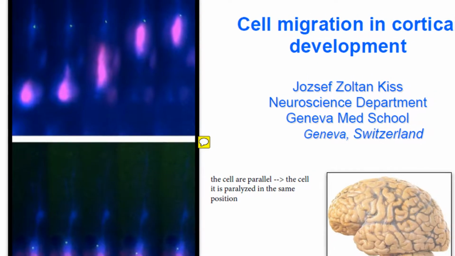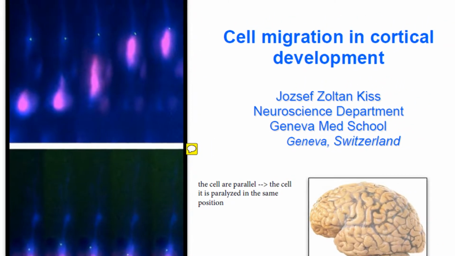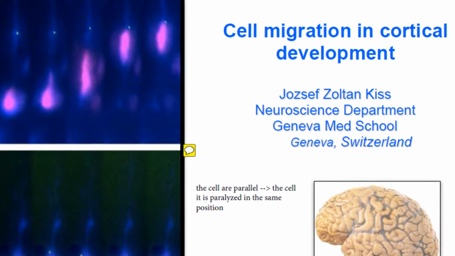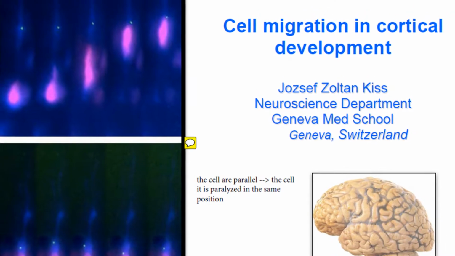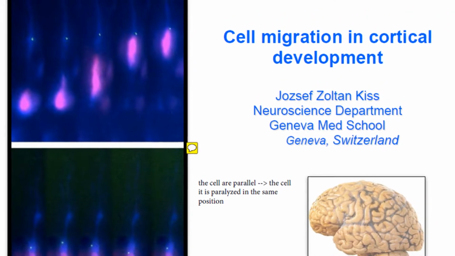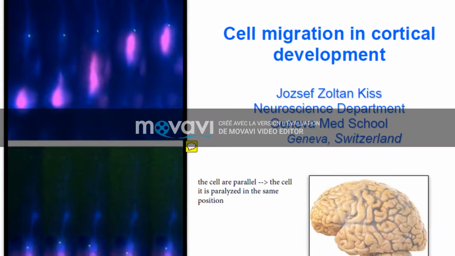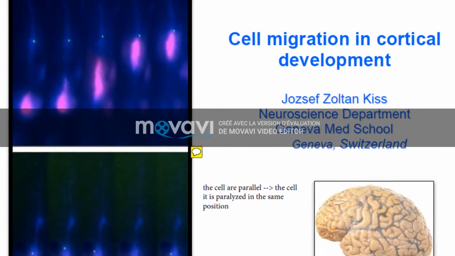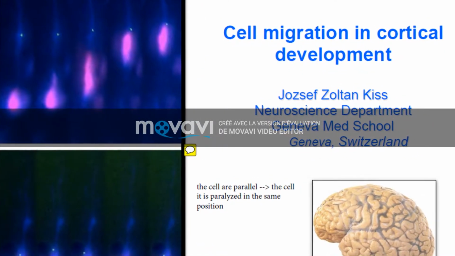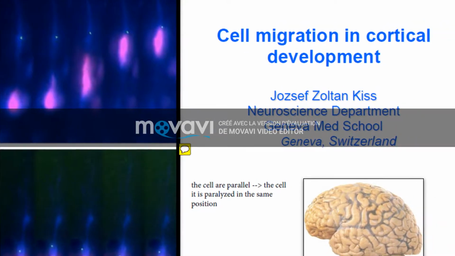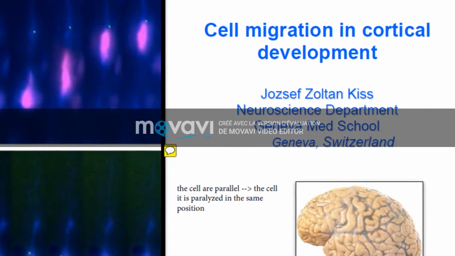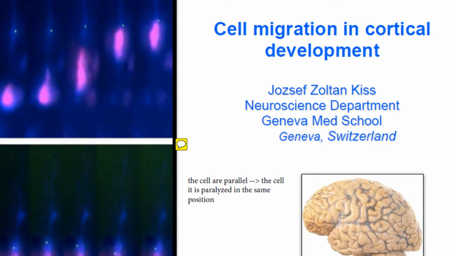As I told you, the proliferation will start in the ventricular zone. Generation of new neurons, the neurogenesis, is there. If you imagine, it's like the Mediterranean. All the culture is coming from the Mediterranean. All the neurons come from the wall of the ventricle, from here.